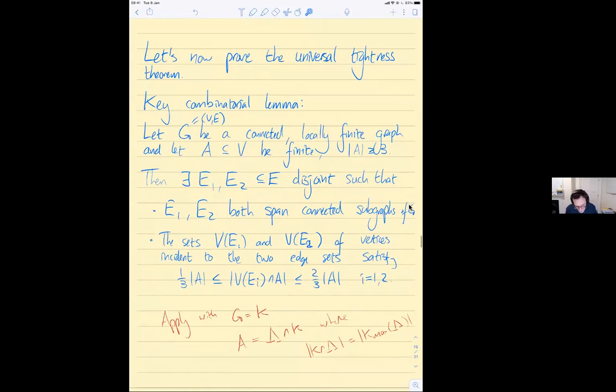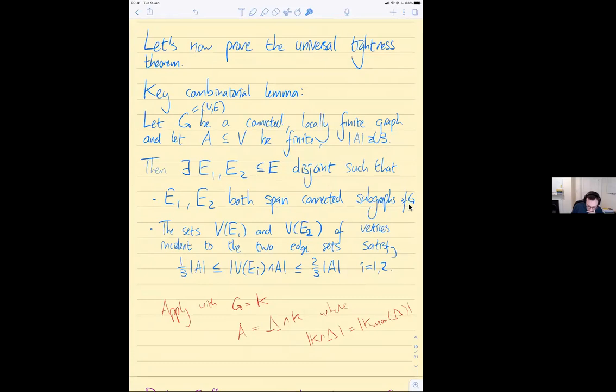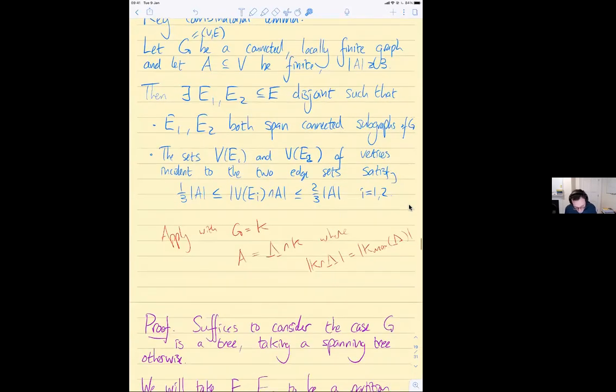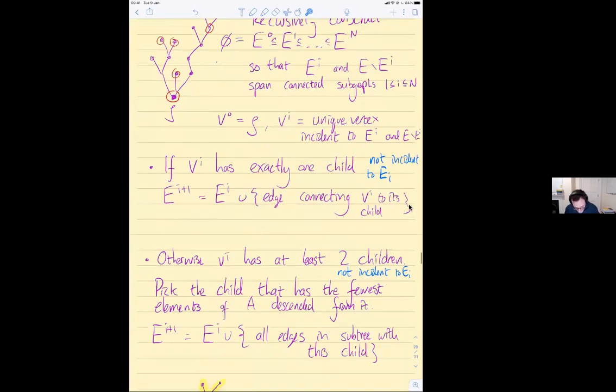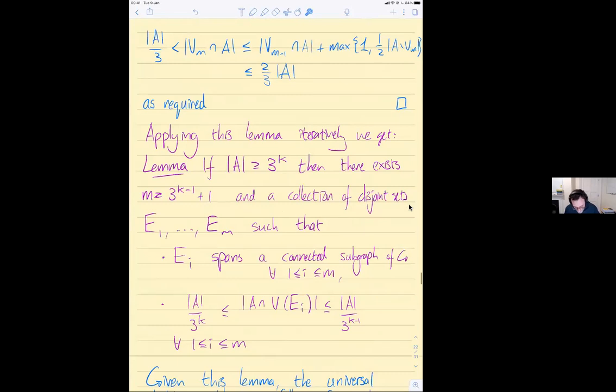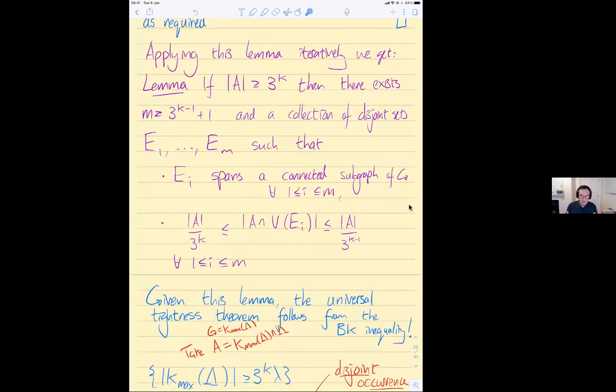The way we'll apply this is we'll take G to be the cluster which attains the maximum in the definition of the largest cluster, and we'll take A to be the intersection of this cluster with lambda. The proof of this is simple. Before saying anything about that, once you have this way of splitting a graph into two sets, you can apply it iteratively.